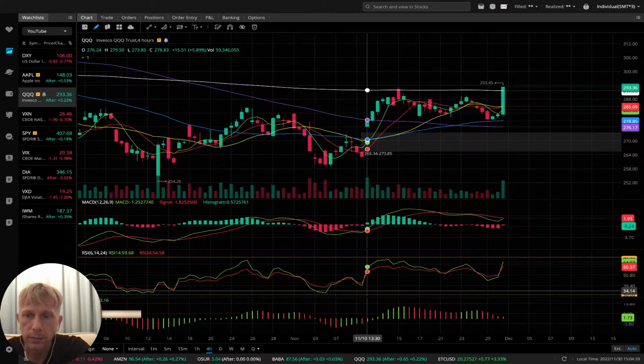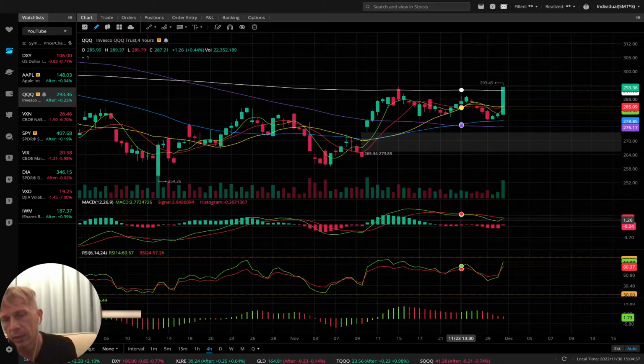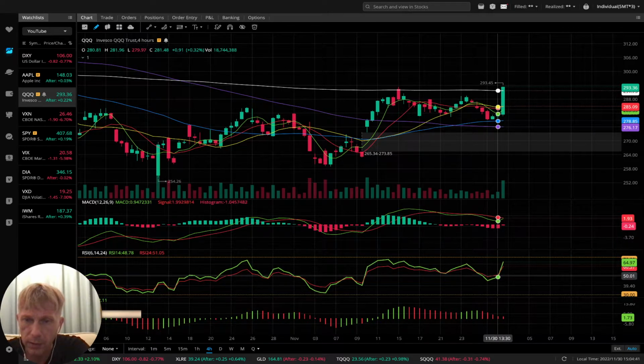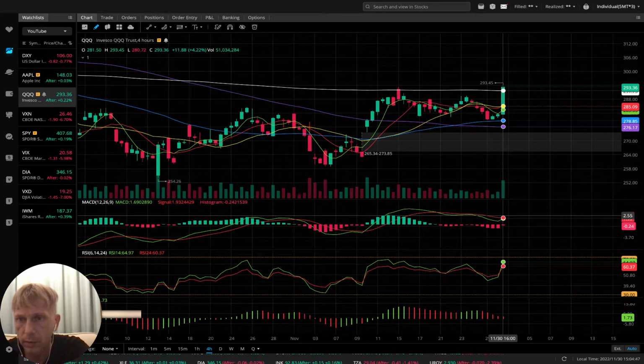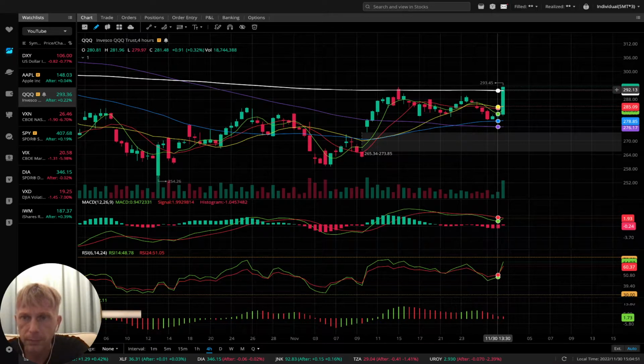On 4 hours it was bearish, and it changed direction on the RSI to bullish. On the MACD it's still bearish, but ready for a bullish crossover. And it closed above MA200.